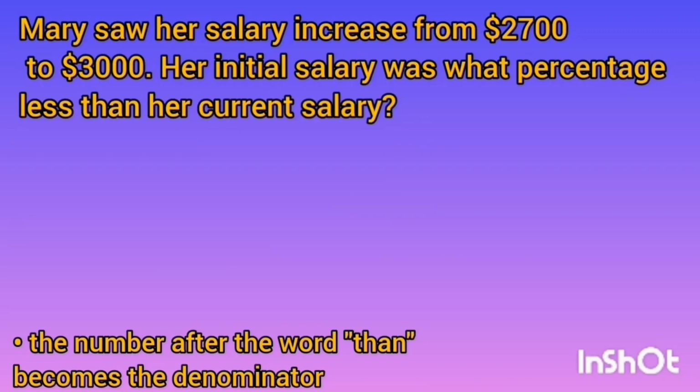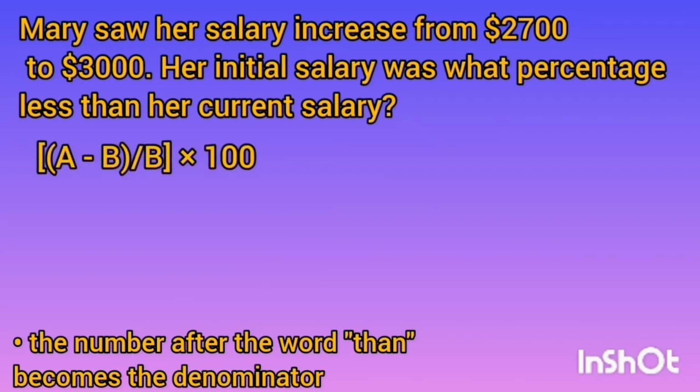So on this note, let's say Mary saw a salary increase from $2,700 to $3,000. The initial salary was what percent less than her current salary? We know our formula to be A minus B all over B, that's the number or value or figure after the word than.